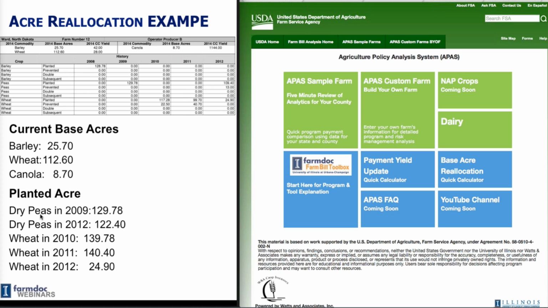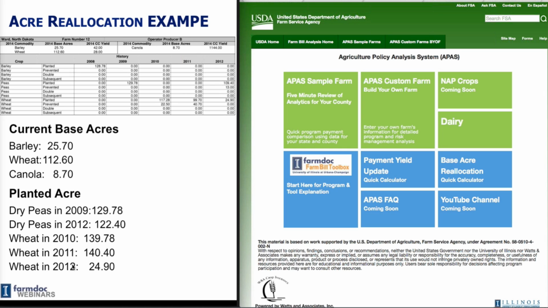And then here are our planted acres from 2009 through 2012. We had dry peas in 2009, 129.78 acres, which just comes from here. Dry peas in 2012, 109.4 planted acres, 13.00 prevented planting acres. Prevented planting acres count in our total when we do these reallocations.